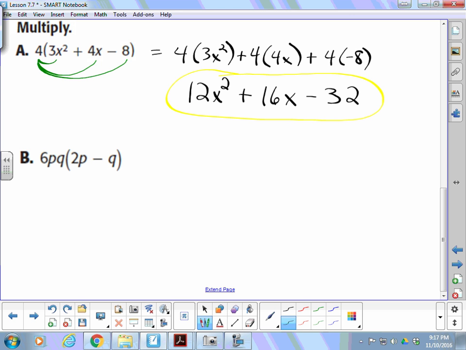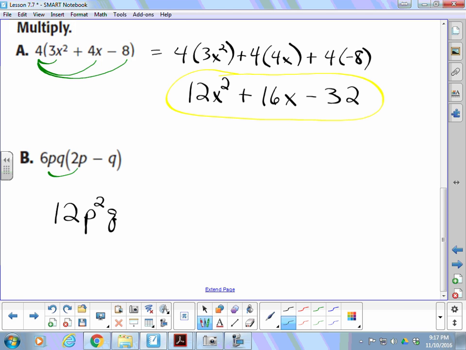So I'm going to multiply 6p squared times 2p. So we do 6 times 2, we get 12. I have p times p, so that gives me p squared, because those are both to the first power. And I have a q here. There's only one q, so I just keep it as q to the first power.